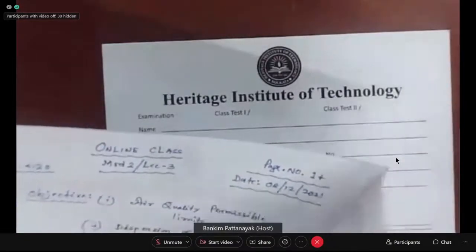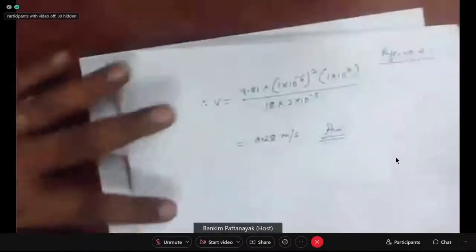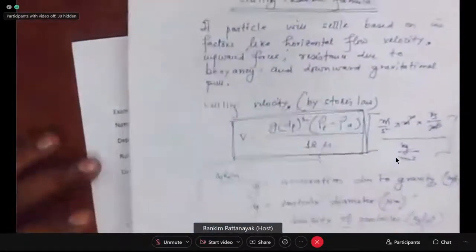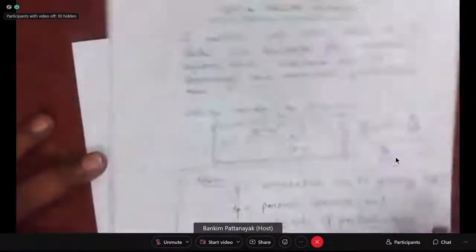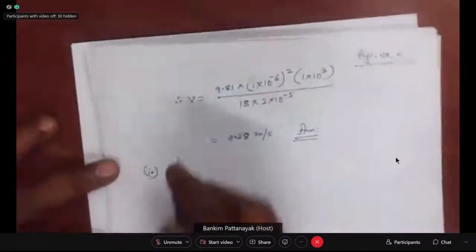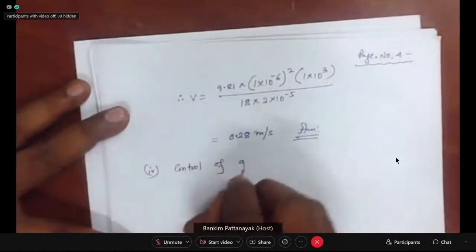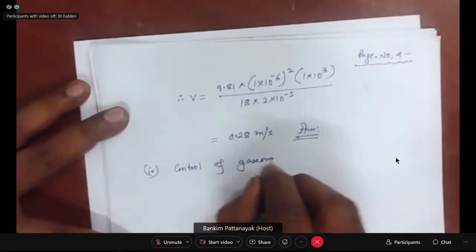Now the last agenda today was number 4: control of gaseous impurities.